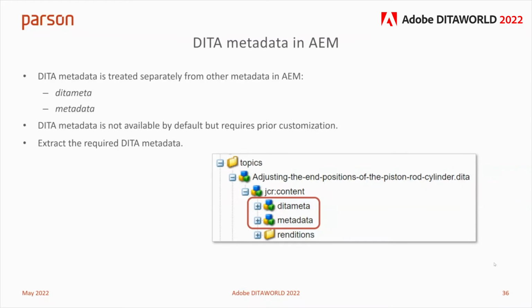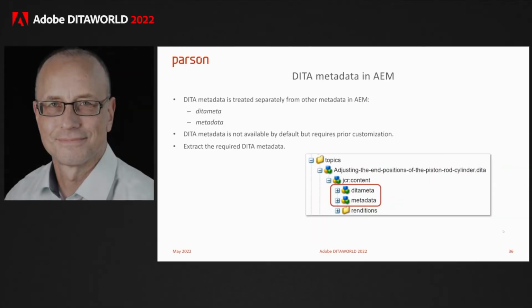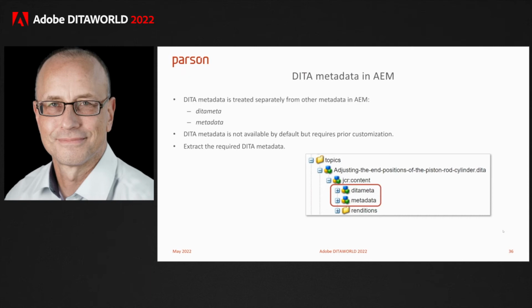And what's really important is that the DITA metadata is not available by default, but requires prior customization to make it actually available to your users. That's of course because all the metadata that is available in a DITA file, as we have seen, might not be really useful for you. So this must be decided on a case by case basis, and you have to customize your AEM instance accordingly.